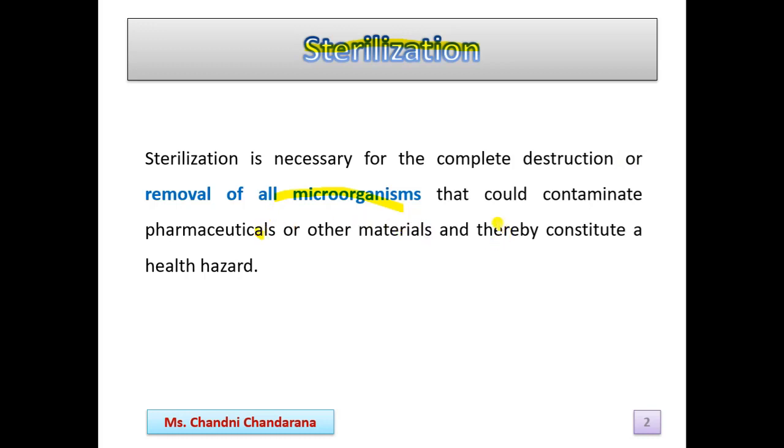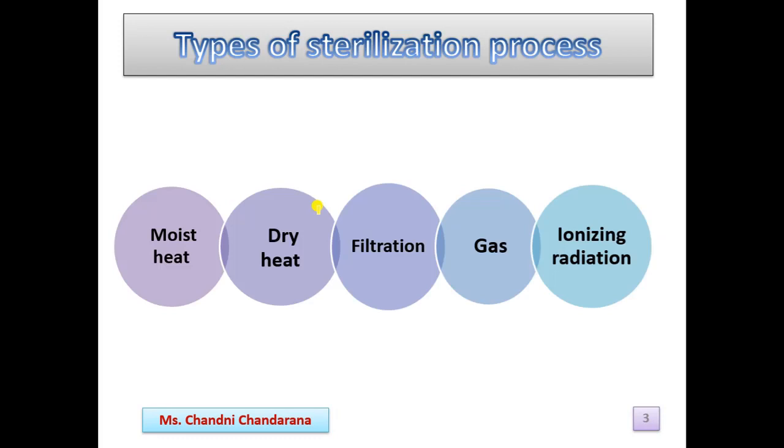Thereby it constitutes a health hazard, so to decrease this, we should sterilize our parenteral preparation. Now we will see the types of sterilization process. Generally sterilization includes 5 types: moist heat sterilization, dry heat sterilization, filtration, gaseous sterilization and ionizing radiation. Now we will see all these types in detail.